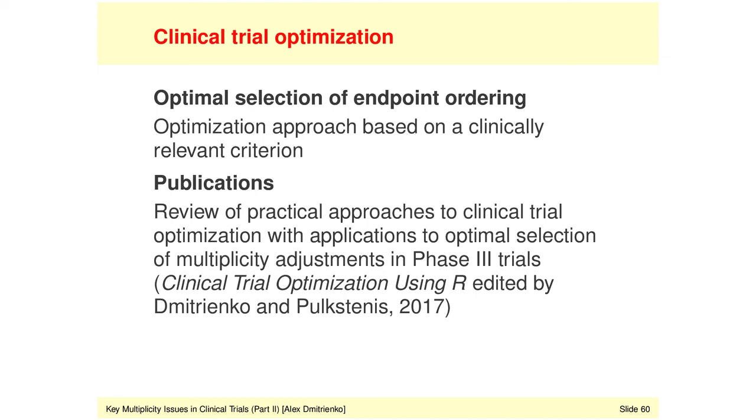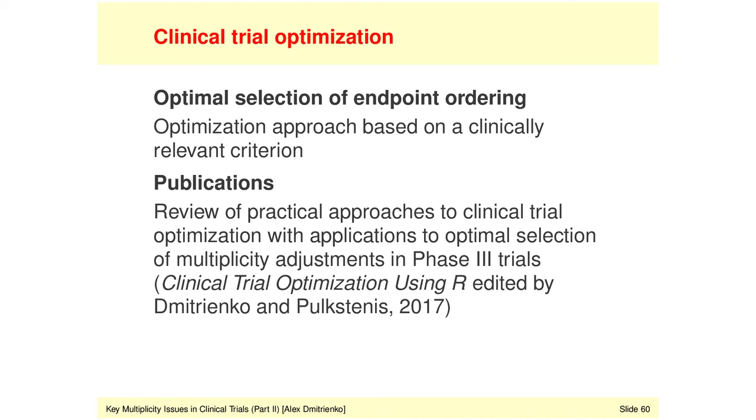I've helped develop optimization strategies aimed at identifying the most reasonable way to arrange secondary endpoints based on clinically relevant criteria. The idea here is to incorporate information on clinical relevance and then enumerate all meaningful testing options.